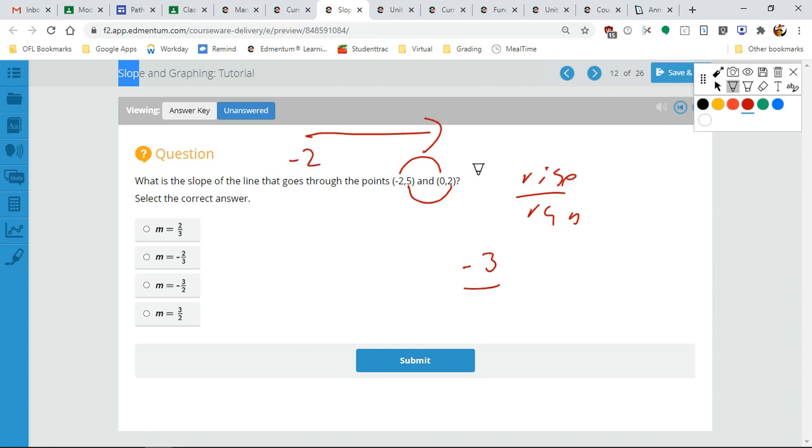So that was at negative 2, negative 1, 0. So I went to the right 2. So in other words, my answer ends up being negative 3 over positive 2. So that's the same thing as saying negative 3 halves.